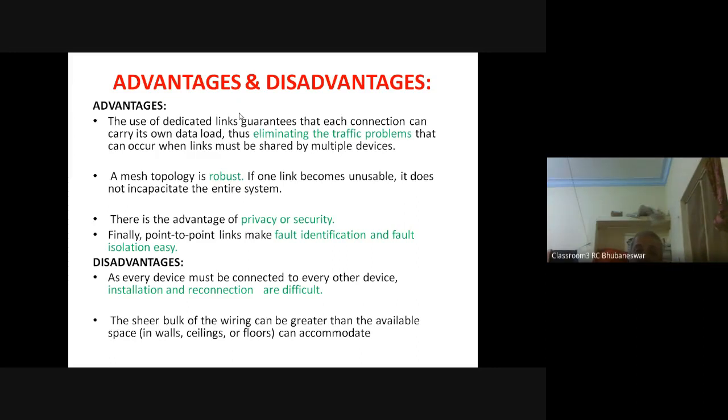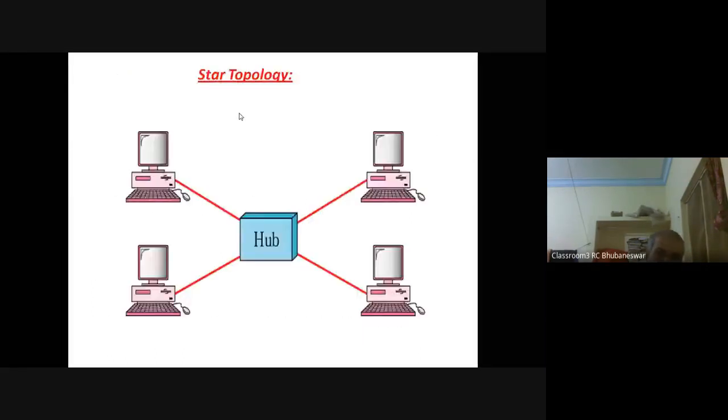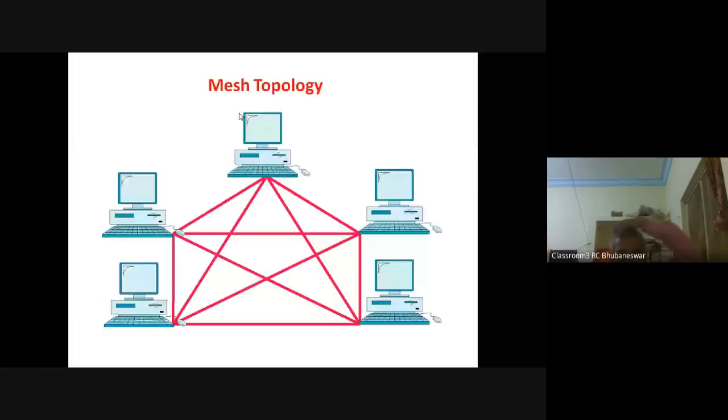Now 1000 into 1000 minus 1 divided by 2, मतलब 500 into 999 number of links are required। तो जितना ज्यादा नोड होगा बहुत सारे लिंक्स का जरूरत पड़ेगा। If it requires more links, the cost is also more, installation and reconnection are also difficult, bulky in size, it requires more space. These are the advantages and disadvantages of the mesh topology.